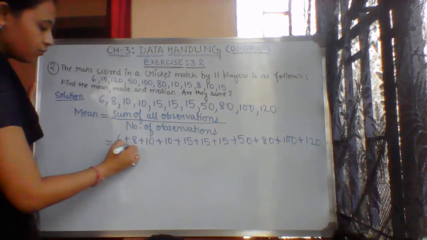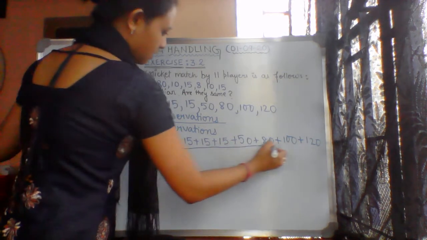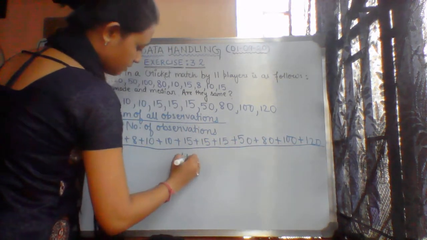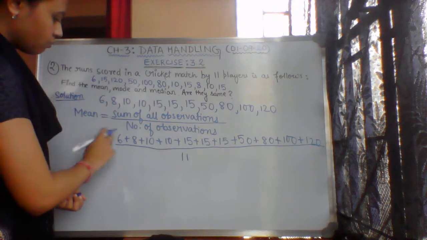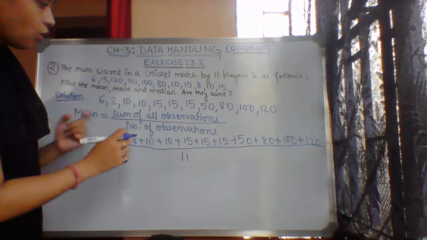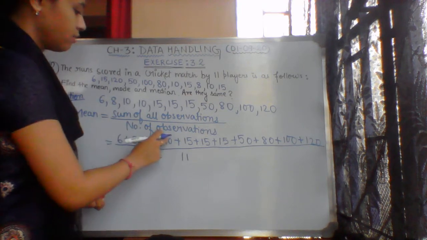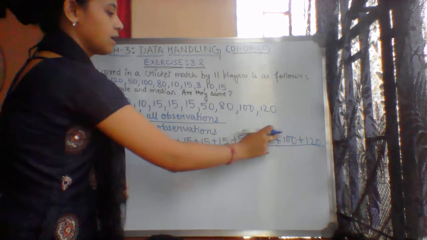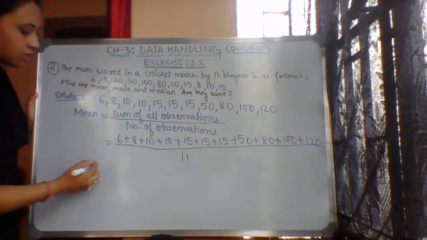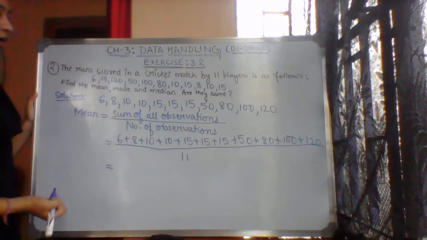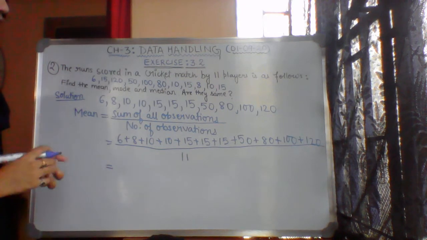And how many observations? 11, since we have observed 11 players. Check that you have written all the observations: 1, 2, 3, 4, 5, 6, 7, 8, 9, 10, 11. And check that the numbers you have noted are correct.